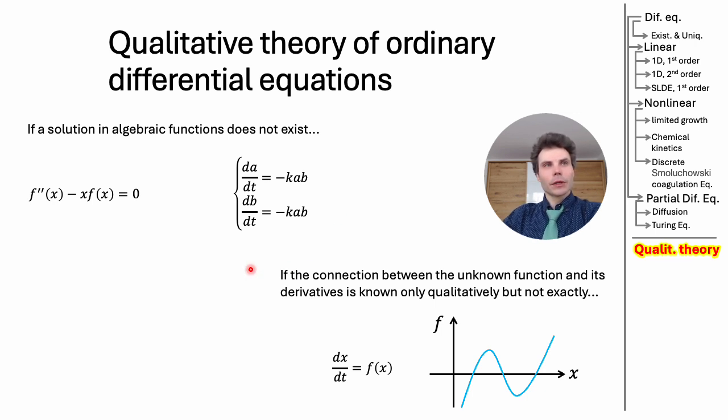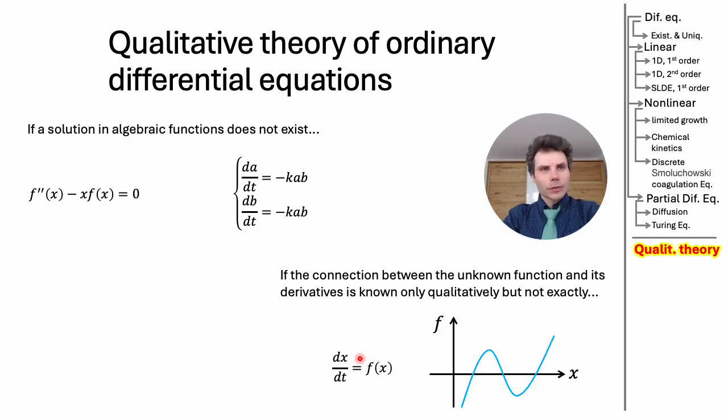So, for example, our biological intuition dictates us that a certain variable x evolves as time passes, the time is t, being governed by this equation, dx over dt equals a certain f of x, but we don't know f of x precisely, either because we lack a strong biomathematical theory that truly describes this process, or because the process is very heterogeneous and in different individual cases it takes slightly different form.